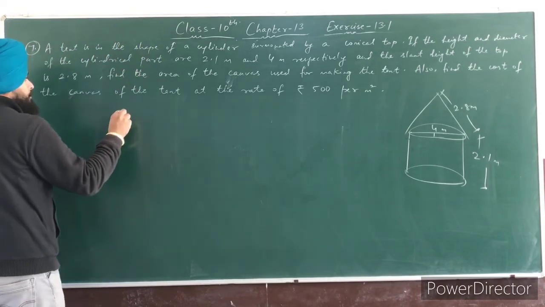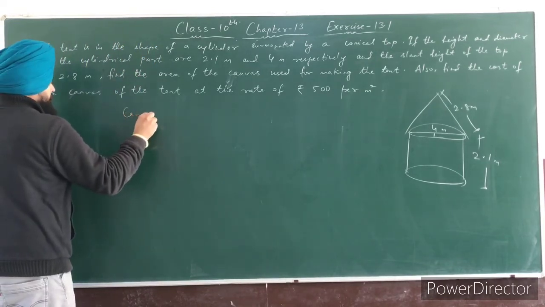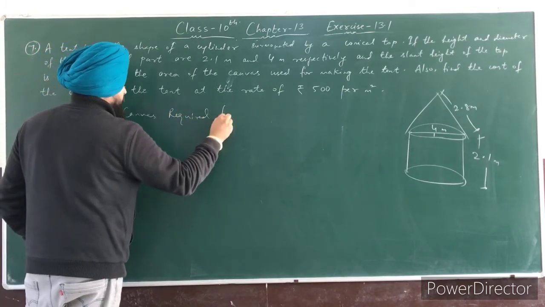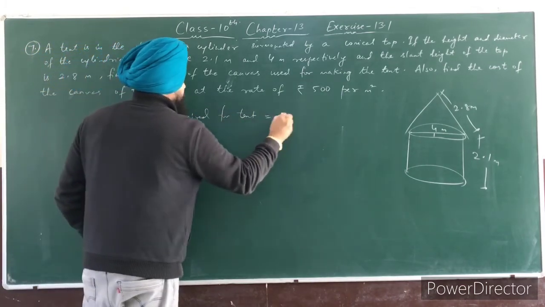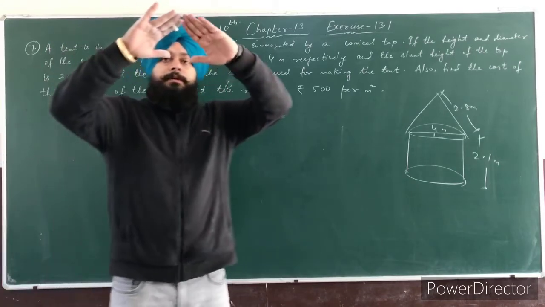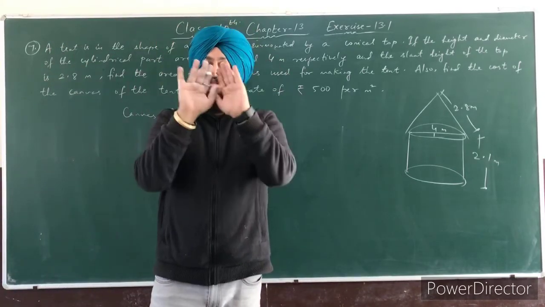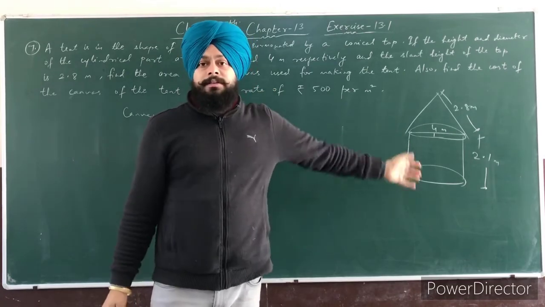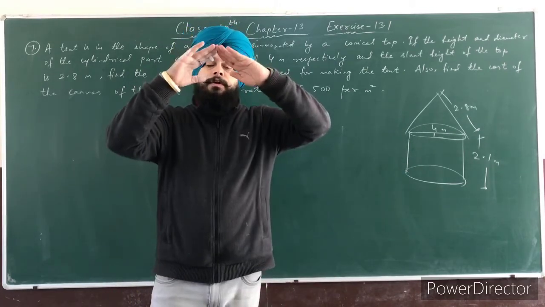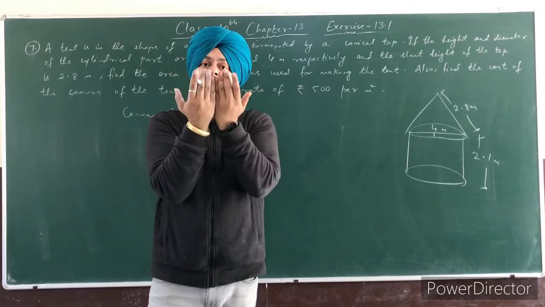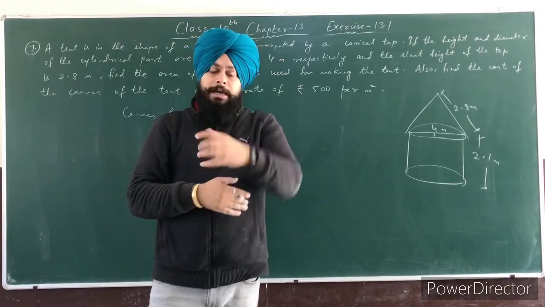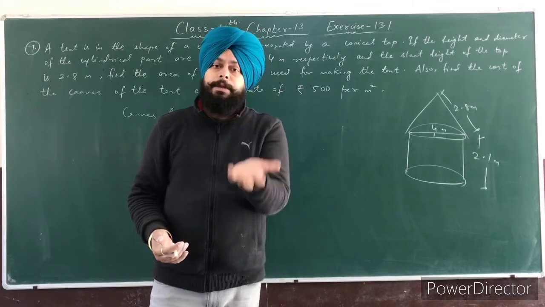So the canvas required for the tent: you can see here the curved surface area of the cone and the curved surface area of the cylinder are required for making this tent. Because the bottom of the conical part is empty and the cylindrical portion is also empty.